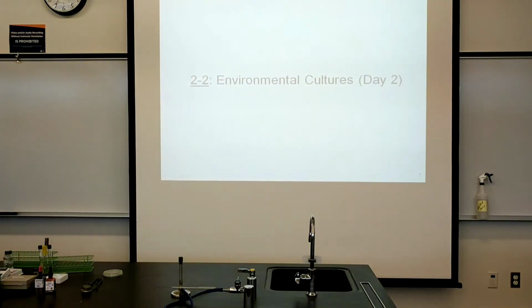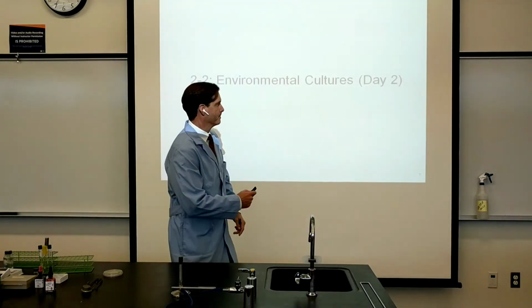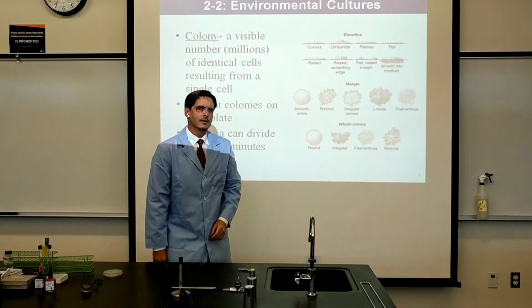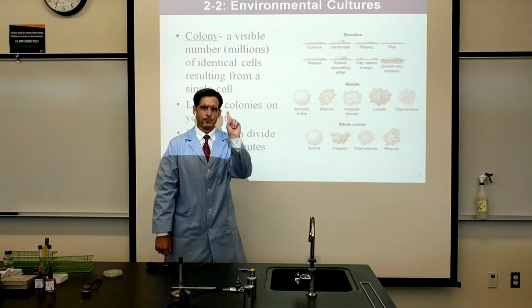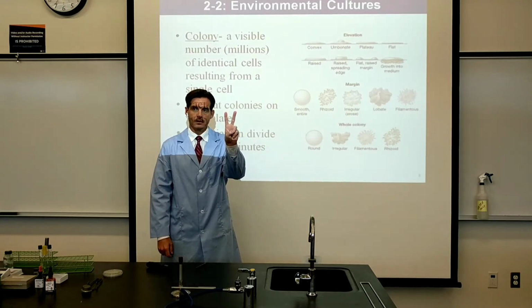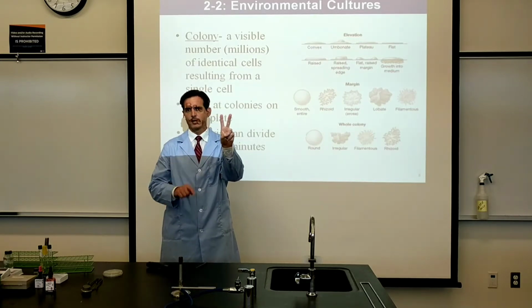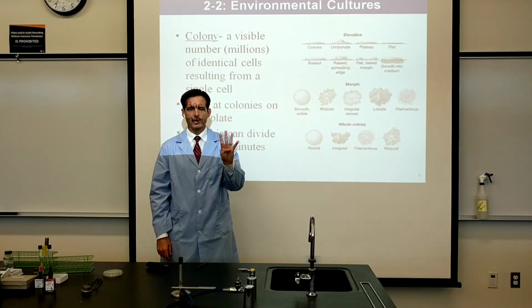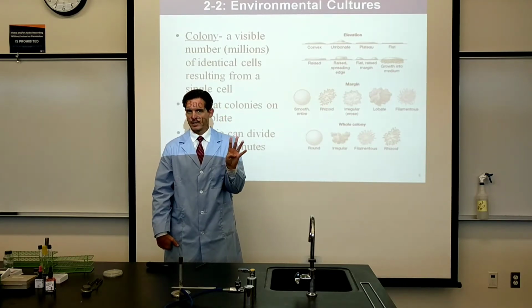How long would it take to go from one cell to 2 cells? That's 20 minutes. Then 2 cells double after another 20 minutes and become 4 cells. The way I want to count this out is by generations.